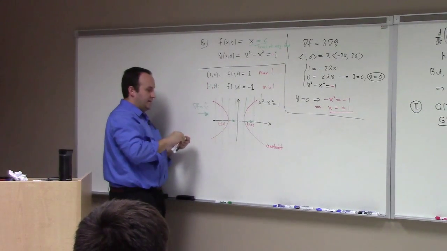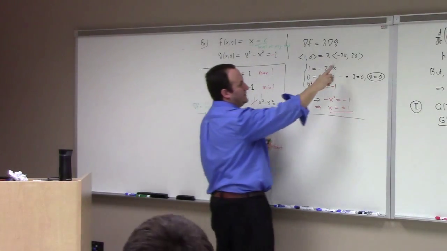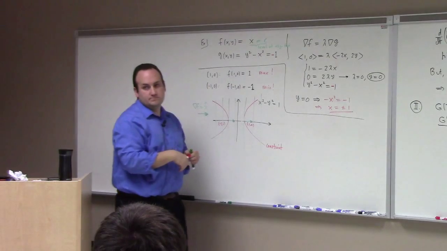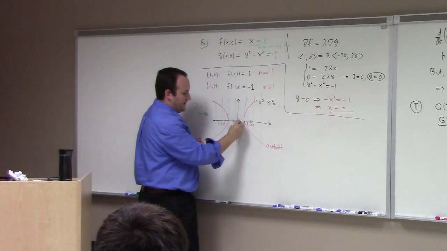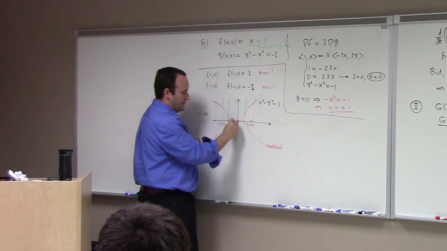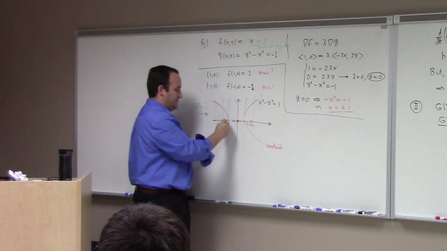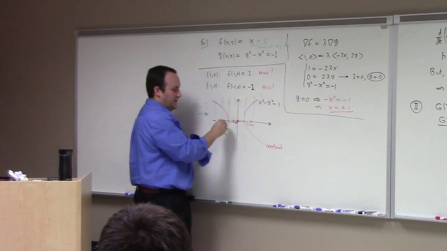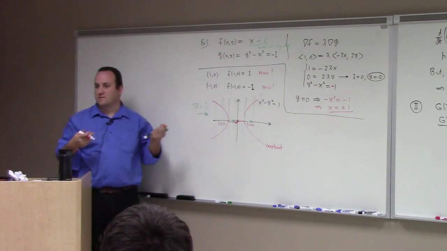But which direction does nabla g point? It points like this, or over here it points this way. So at these two points, the gradient of f and the gradient of g line up. That's why we were able to solve the Lagrange multiplier equations.